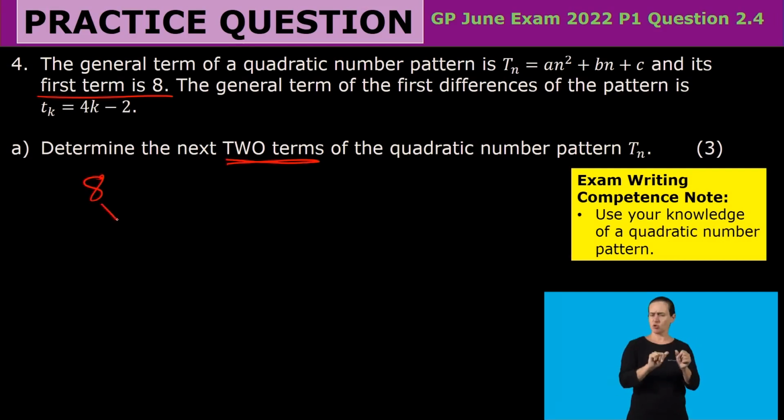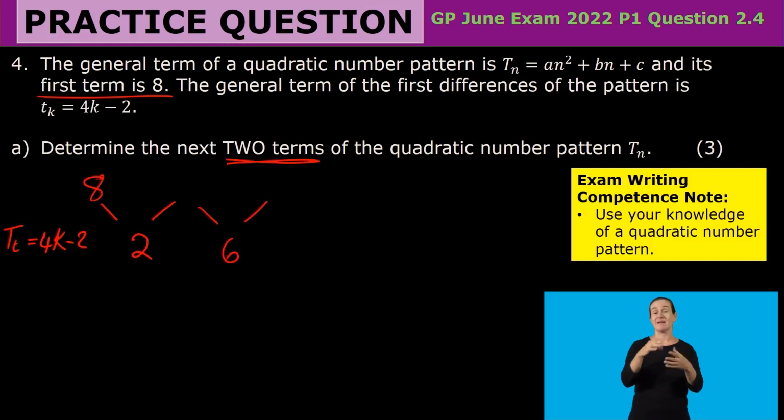Now what we have here is the sequence for the first differences, which is 4k minus 2. If we substitute 1 for k, that is going to give us a value of 2, which means that the first difference is 2. Again, if we substitute 2 for k, that is going to give us a 6. How do we know this?